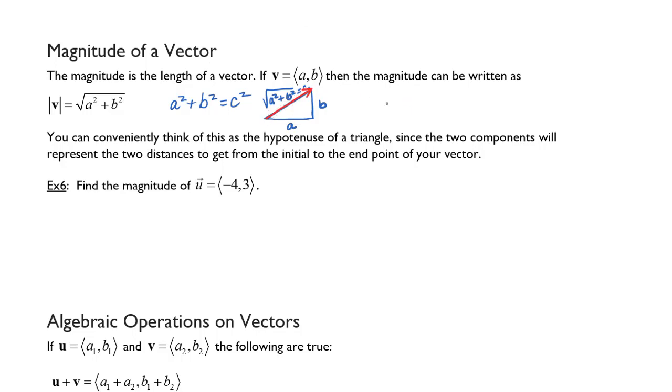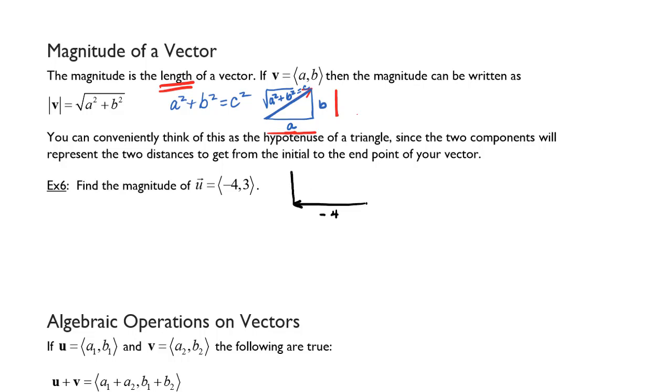That will give us the magnitude or length of the vector. You can conveniently think of this as the hypotenuse, since the two components represent the two distances, the horizontal distance and the vertical distance, to get from the initial to the end point of your vector.